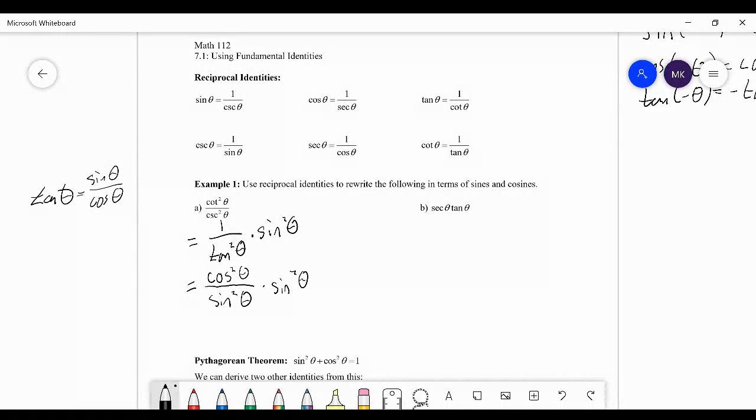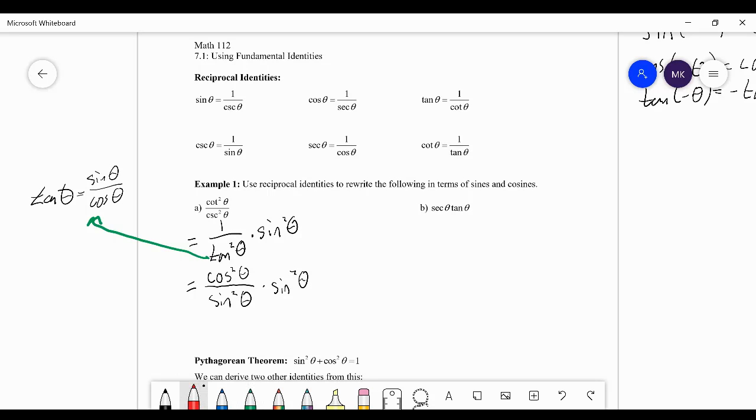So what I did here is I did a couple things. First, I replaced our tangent squared with this sine squared. It'd be sine squared theta over cosine squared theta. But since it's 1 over that, we can flip it to get it back into our kind of nice mode like this.